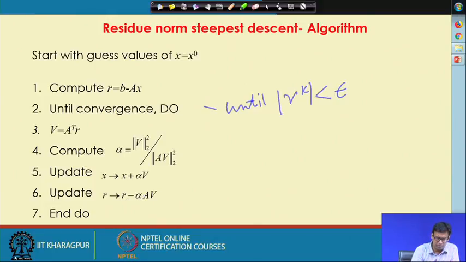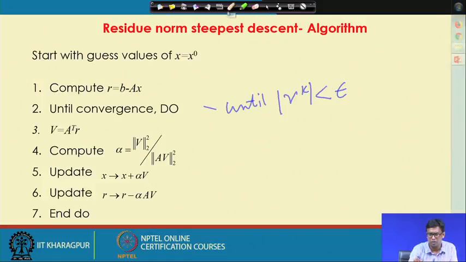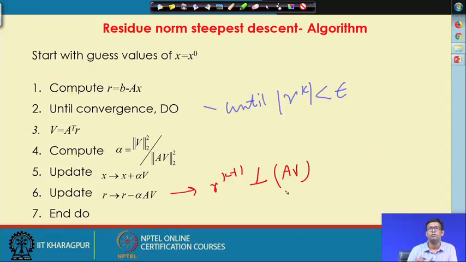In why r is equal to r minus alpha A v, we can quickly check that W is equal to A v. So, this tells us that r k plus 1 is perpendicular to the A v space. We are taking alpha A v away from r k, so what is along A v is taken away, and what remains is perpendicular.